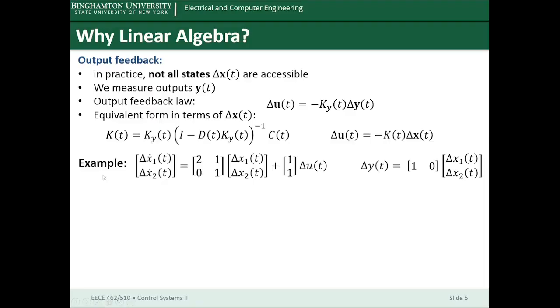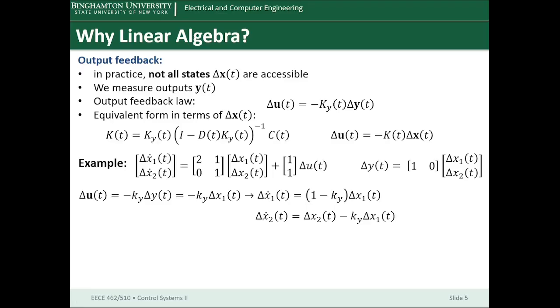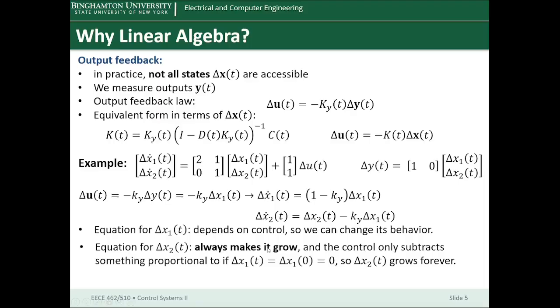If the output is only one measurement, say delta y equals delta x1, like in this system, then the feedback law becomes delta u equals minus Ky delta y, or minus Ky delta x1. And when we substitute this into the state equation, we see that the control affects both state equations. However, there is a problem. The equation for delta x1 is influenced by the control, so we can shape its behavior.